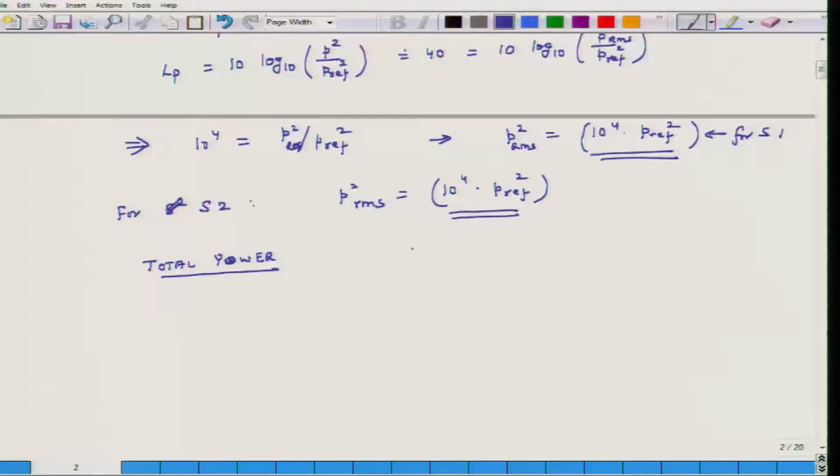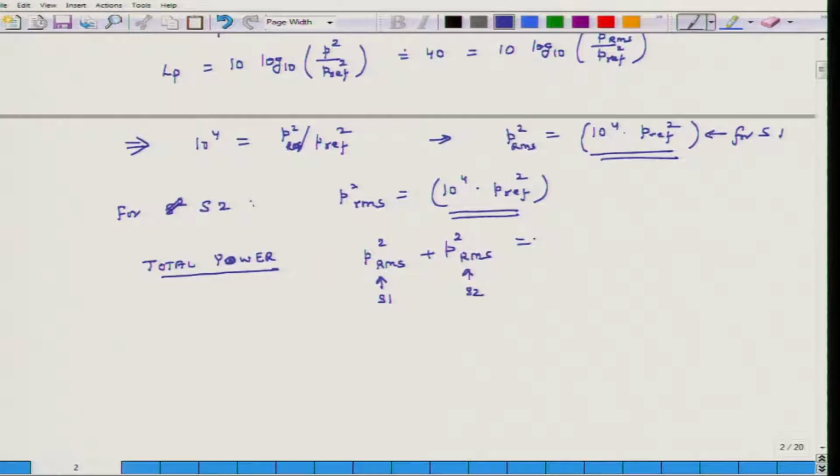Total power in the room is P1 plus P2. Okay. So, total power will be proportional to P total RMS square, which is the sum of the terms from source 1 and source 2.